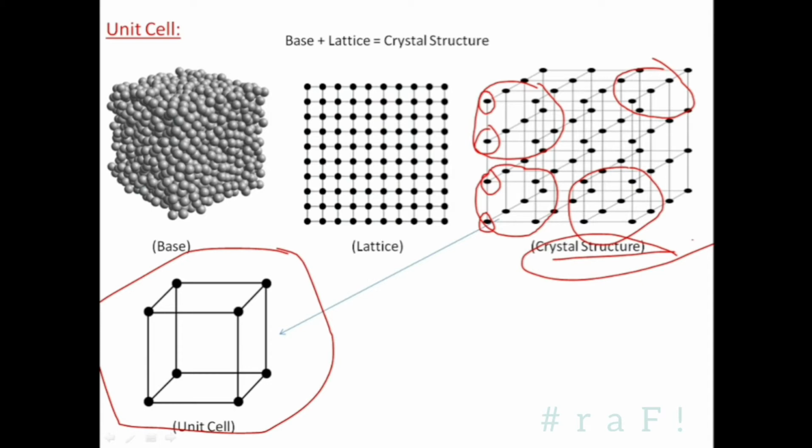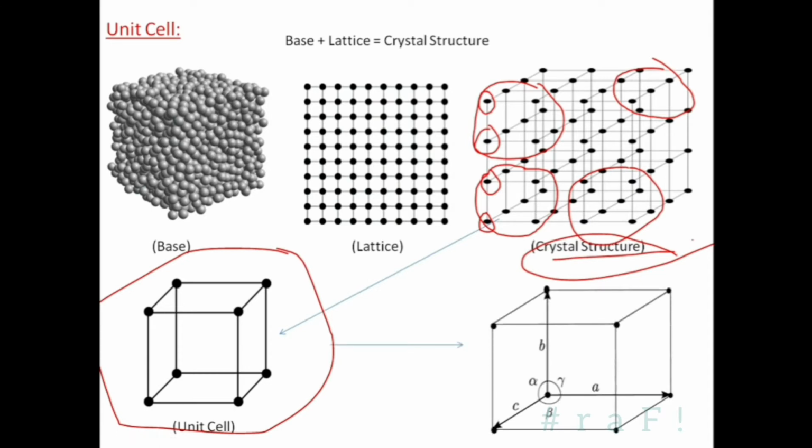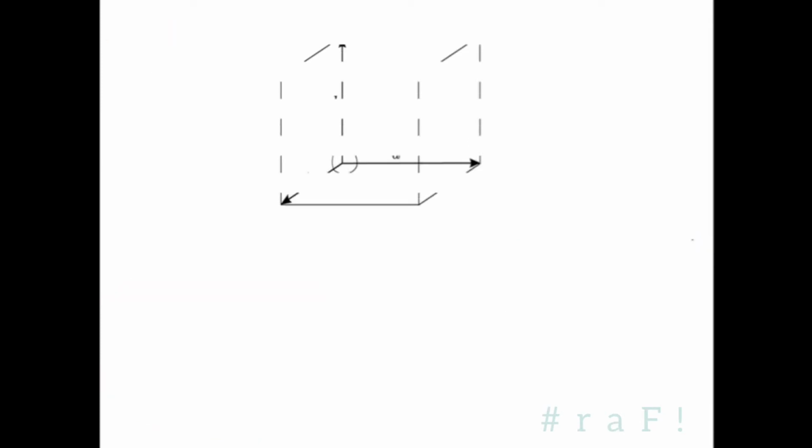And in the crystallographic axis, we represent the unit cell like this. And remember, every crystal differs from each other with respect to the shape and size of the unit cell, depending upon the arrangement of the atoms.